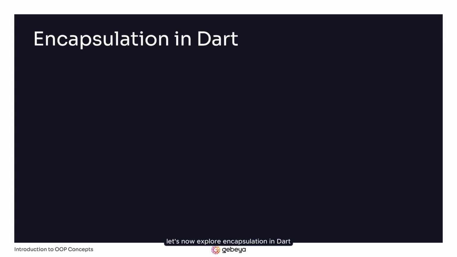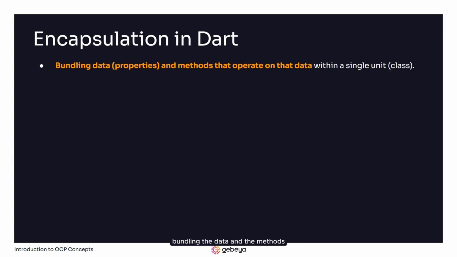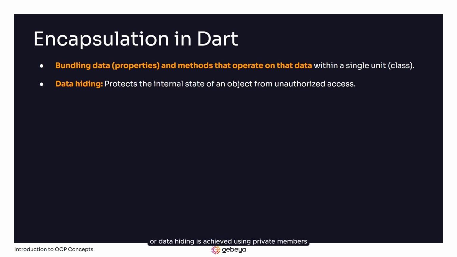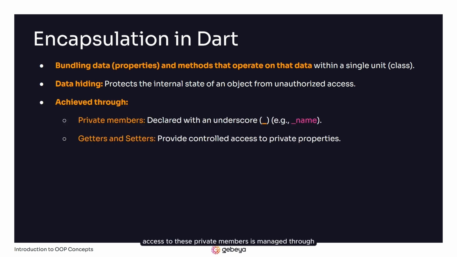Let's now explore encapsulation in Dart. Encapsulation means bundling the data and the methods that operate on that data within a class, while also protecting the internal state from unauthorized access. This protection, or data hiding, is achieved using private members, which you can declare with an underscore before the name. Access to these private members is managed through getters and setters, allowing you to control how data is read or modified.